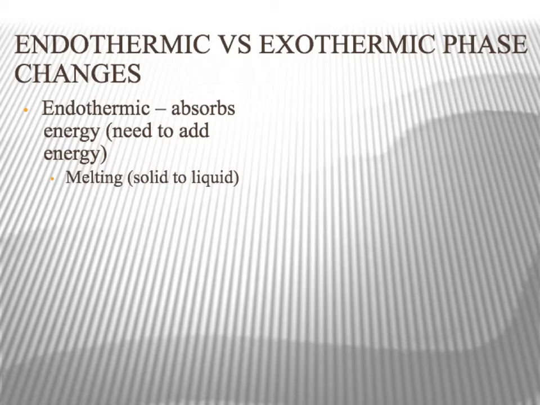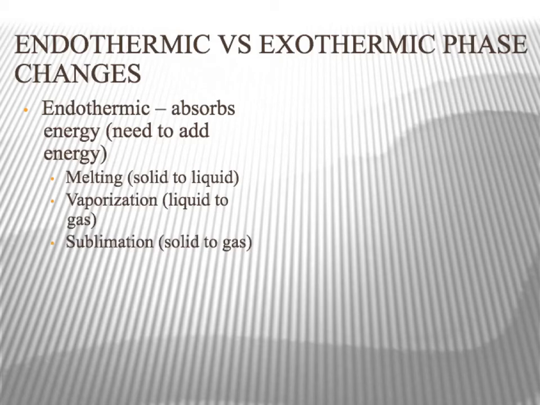So if you think about what happens if you have an ice cube and you heat it up, we're adding heat to it, and it will melt into liquid water. And then if we keep adding heat, until it starts to boil, then we'll go under vaporization. And then the other one is sublimation, going from a solid to a gas.